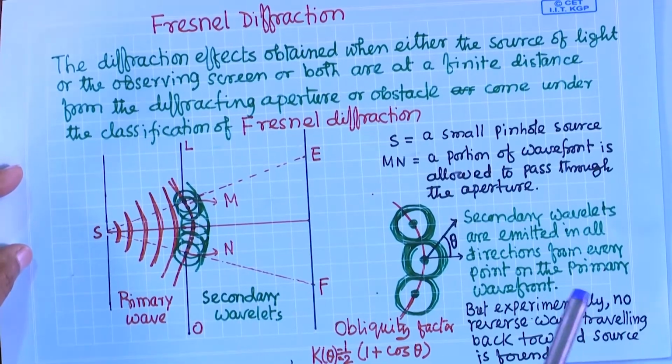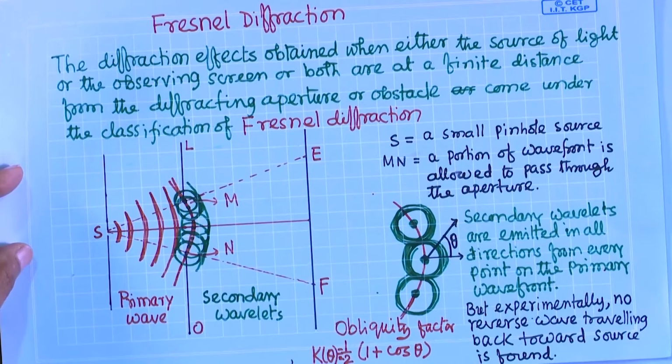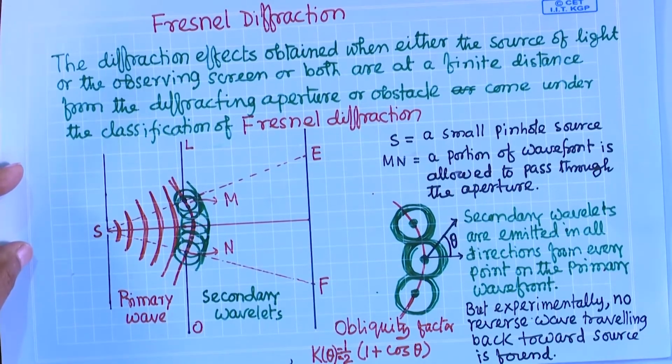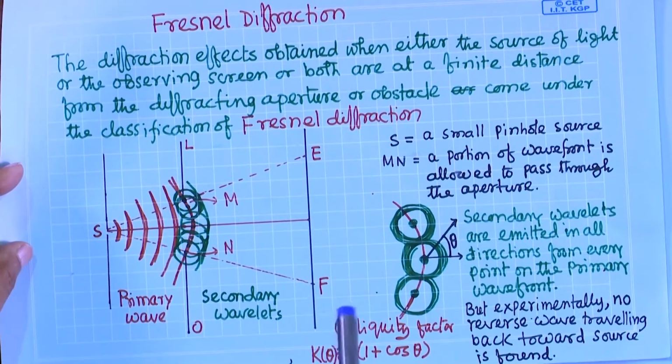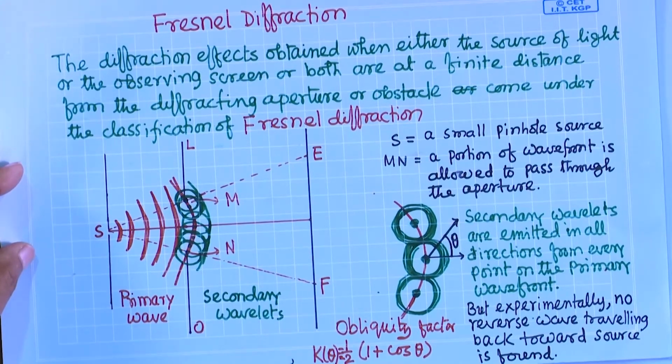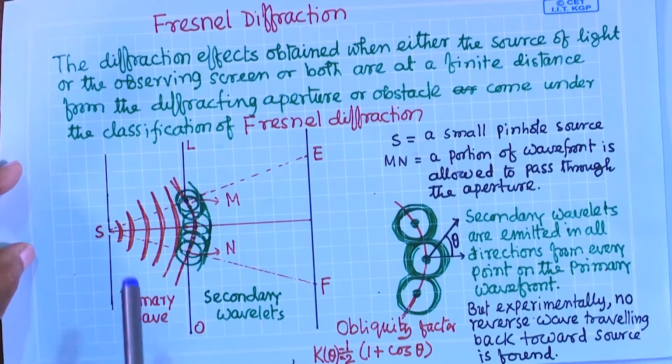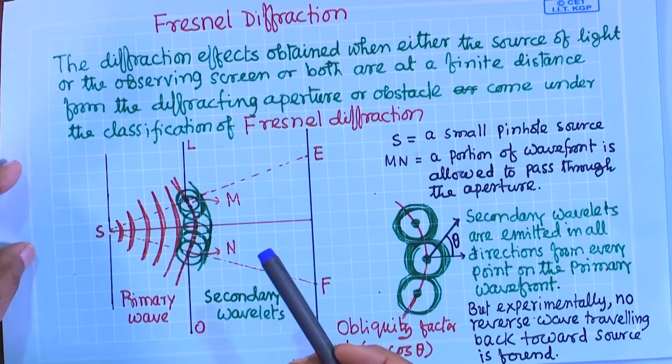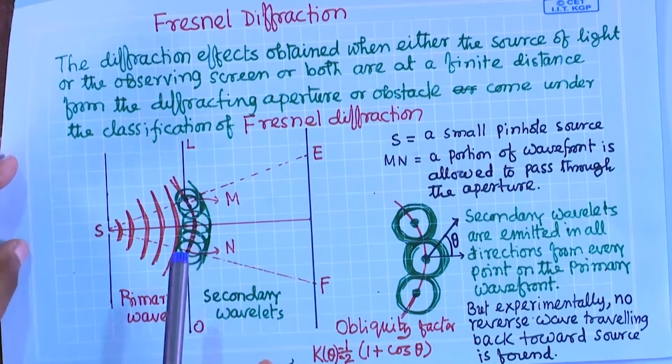Here the concept of the wave front and the secondary wavelets is very important to realize the Fresnel diffraction. From the wave front we are getting these secondary wavelets.